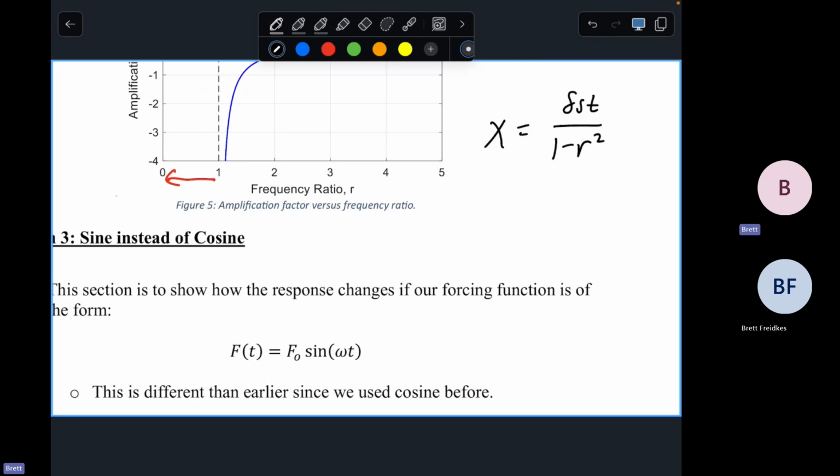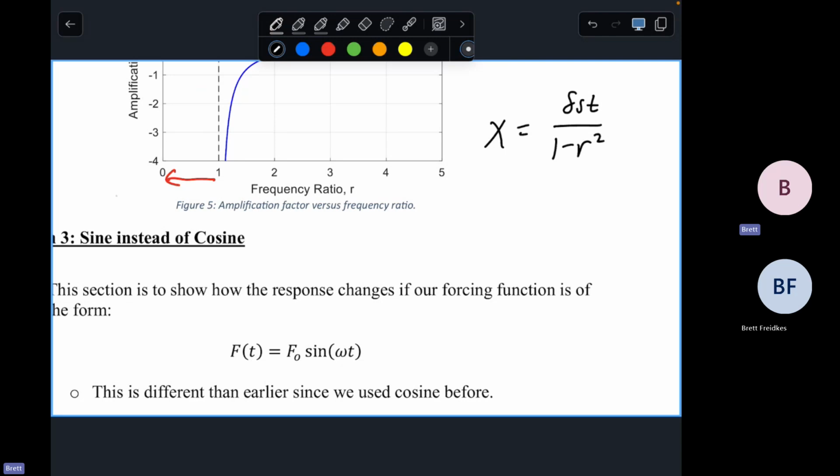To just learn the general trends of any system, we divide by delta static and plot this arbitrary amplification versus just r, which shows us the general trends, where as r approaches 1, no matter what the natural frequency is, that's still true, we end up with this large increase. Or when it's going towards a large r, the value goes to 0. It's just a very general way of expressing it.